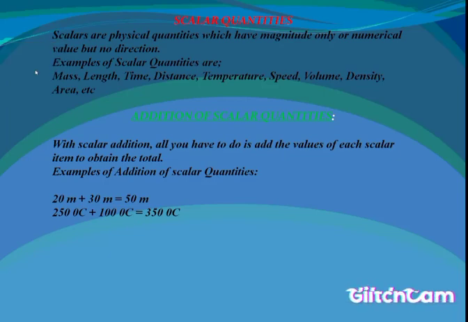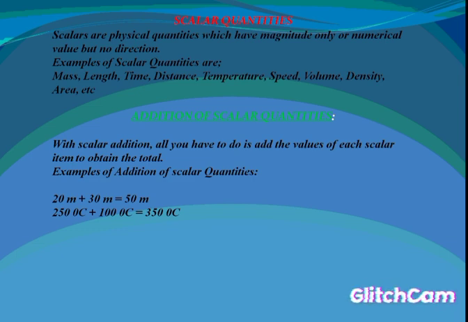In this video, we are going to be looking at scalar quantities, or scalars for short. Scalars are physical quantities which have magnitude only or numerical value but no direction.